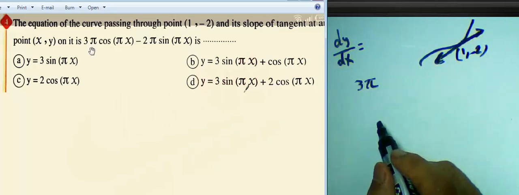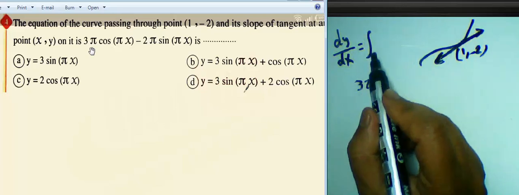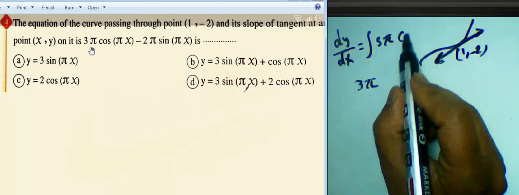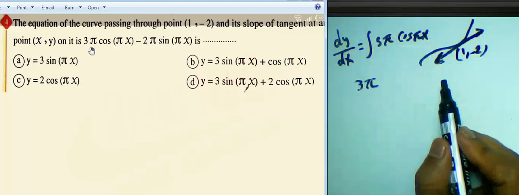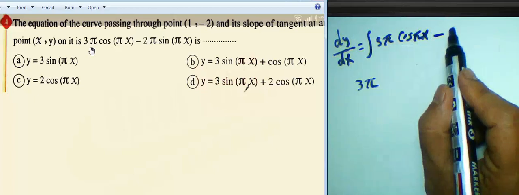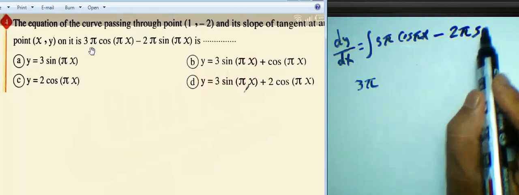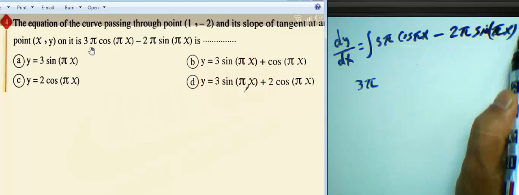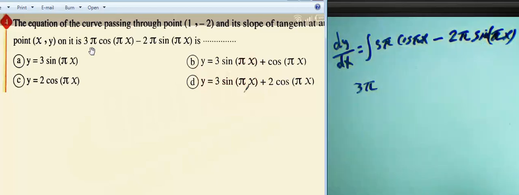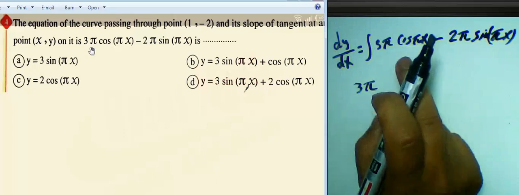Okay, we have this function, 3 is a constant, and I will write the integration here. Integration of 3 cos x − 2 sin x. 3 is a constant.